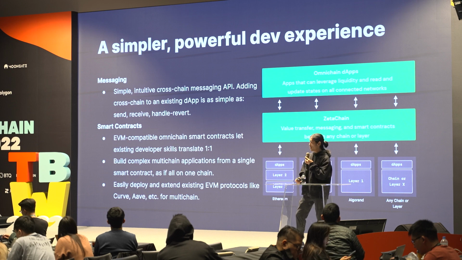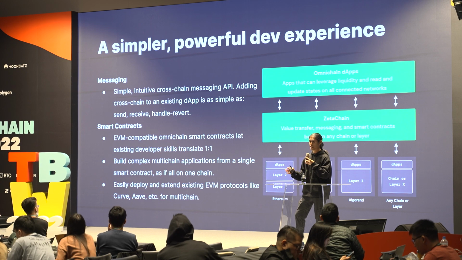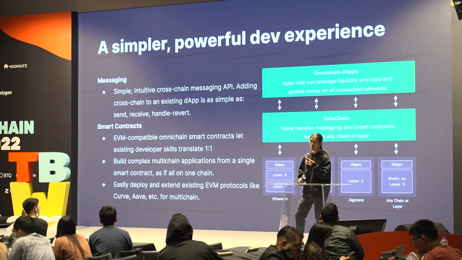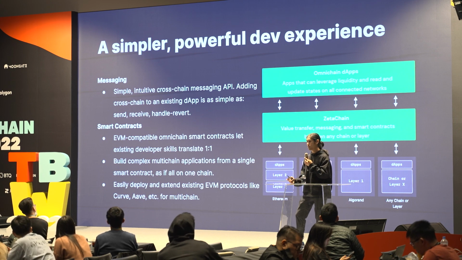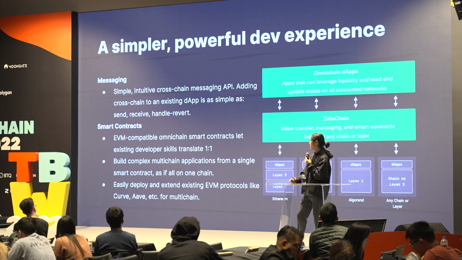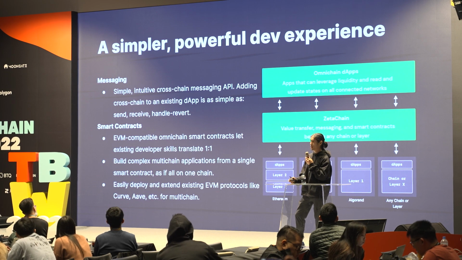And yeah, together, we think this is two sides of the same coin, kind of completing this Omnichain toolkit that lets you as a developer pick and choose what architecture you need for your application. So messaging is really just the implementation of sending, receiving, and handling reverts.